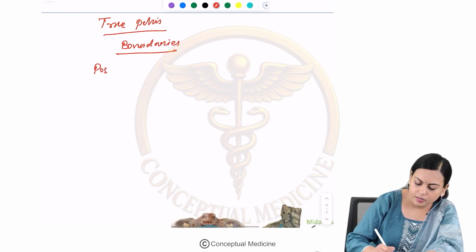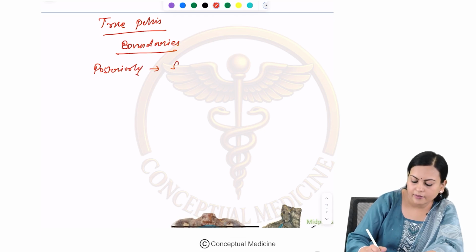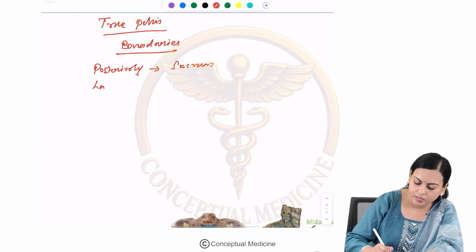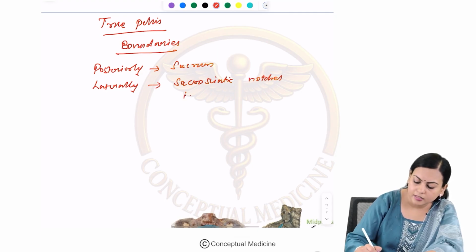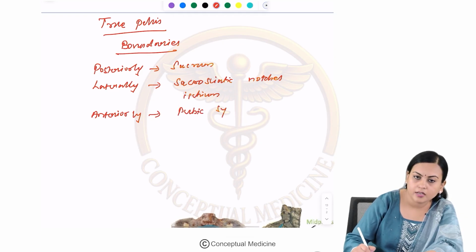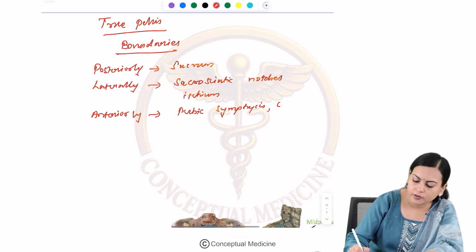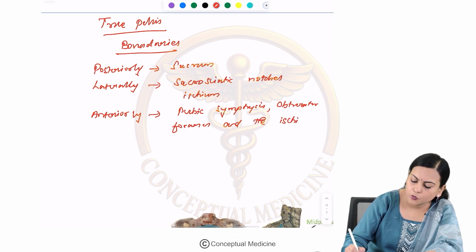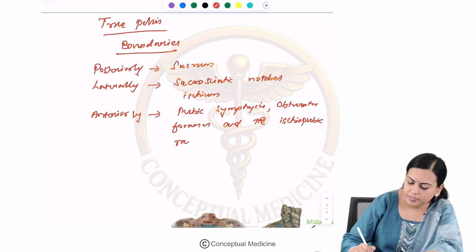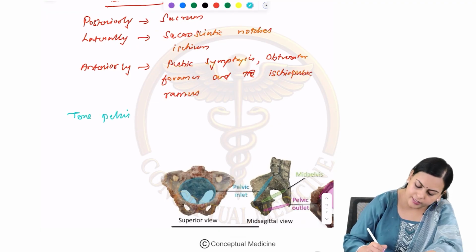Boundaries of true pelvis: posteriorly we have the sacrum, then laterally we have the sacrosciatic notches and the ischium, and anteriorly you have the pubic symphysis, obturator foramen and the ischiopubic ramus.